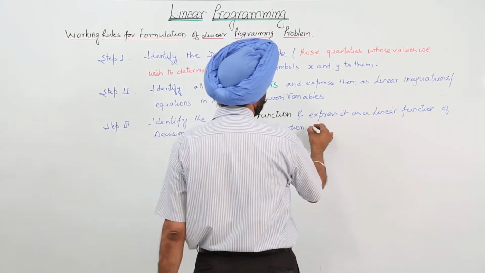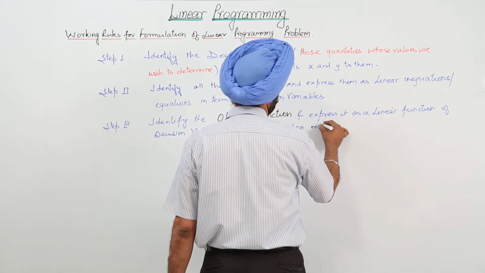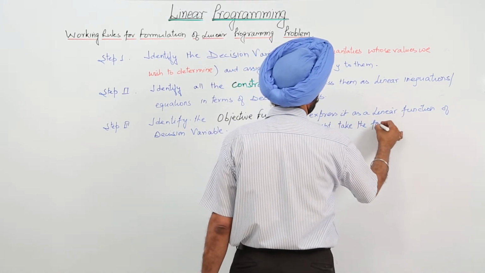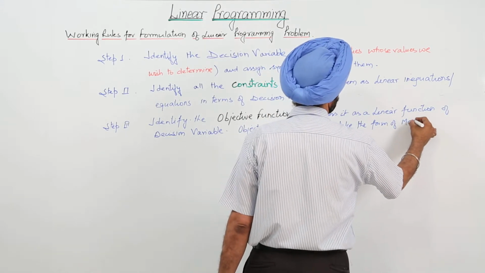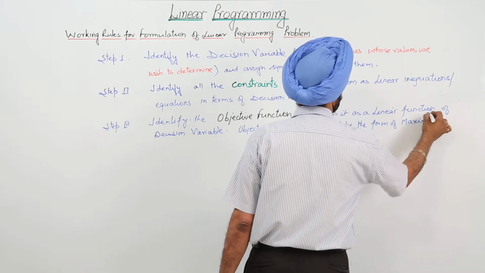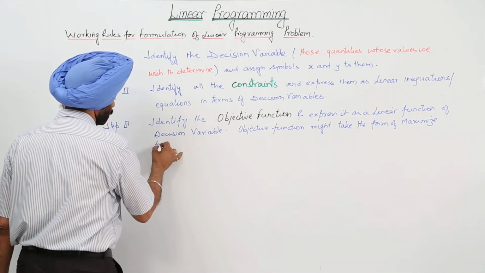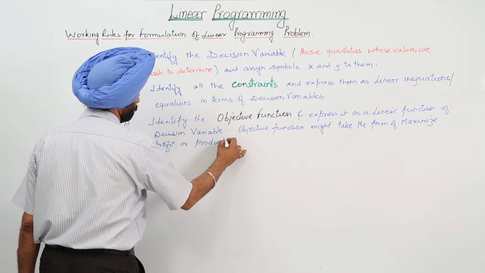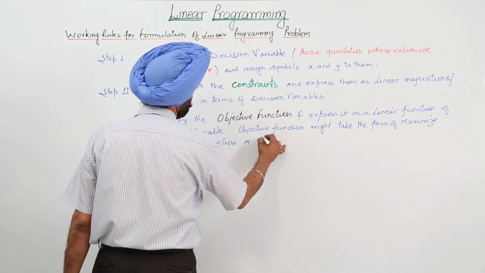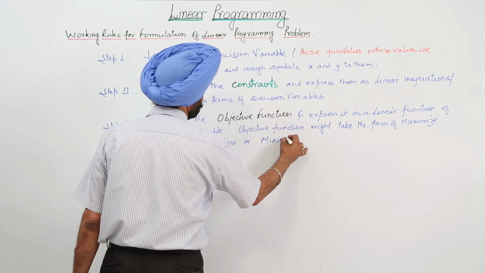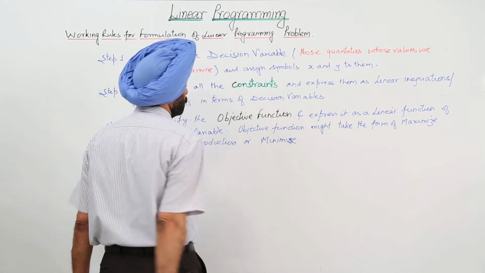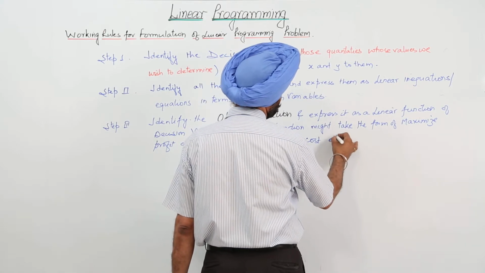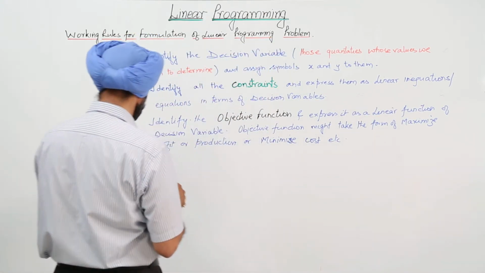So the objective function might take the form of maximize profit or production, or minimize production or minimize cost, etc. It depends on the question. Now, step number 4.